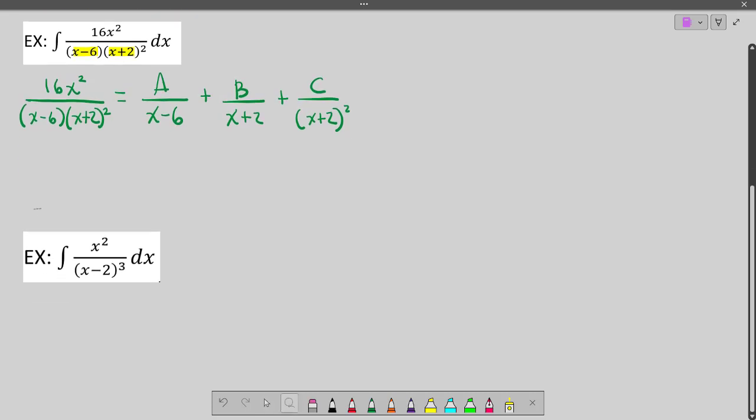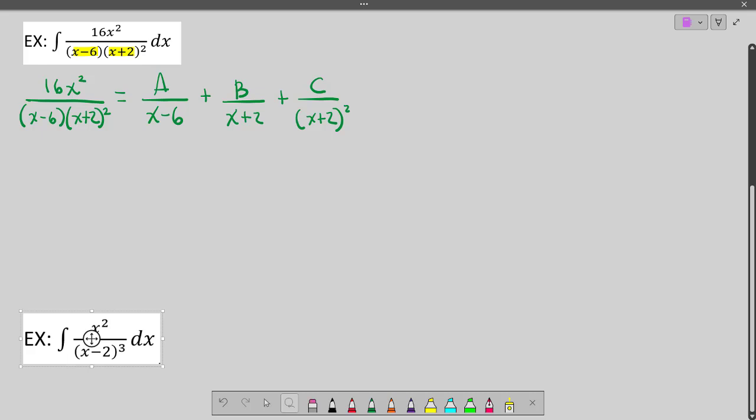And we're still going to do what we did before. We take our PFD equation and we simplify it by multiplying by the denominator on the left. So that whole denominator gets multiplied all the way across. When it gets multiplied by this first fraction, the x minus 6's cancel, and we're left with that.